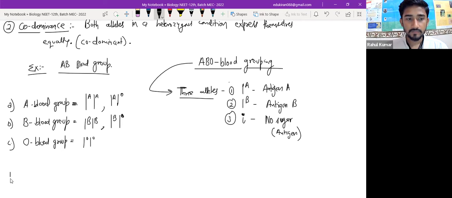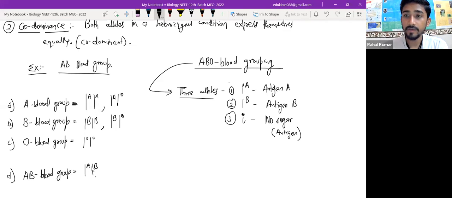But when you go to the AB blood group, you know there is an AB blood group. And why do we call it AB blood group? Because the genotype here is IA IB. And normally, following the law of dominance, it is a heterozygous condition, just like these two. So there should be one that should be expressed, the other should be not expressed.